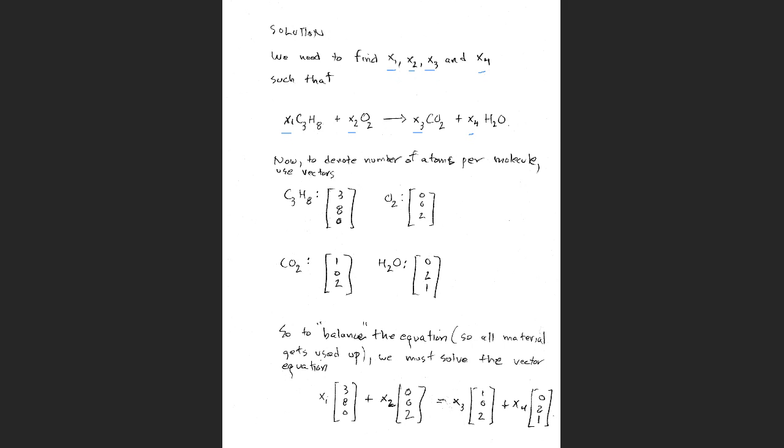And so what we can do is denote the number of atoms per molecule, and represent propane, oxygen, carbon dioxide, and H2O, water, with these vectors. Take a moment to think about that.